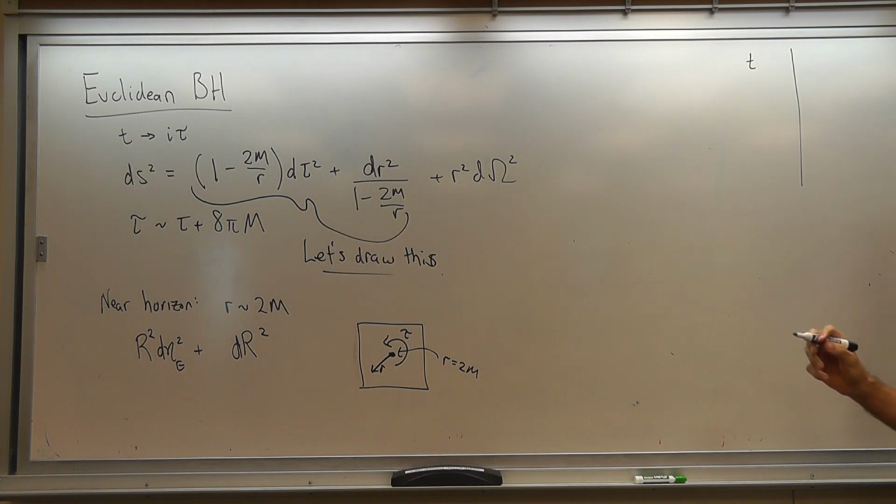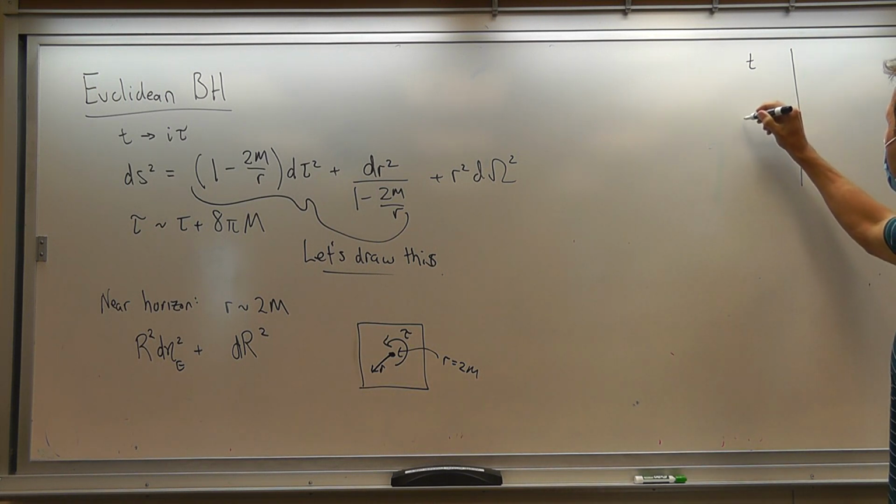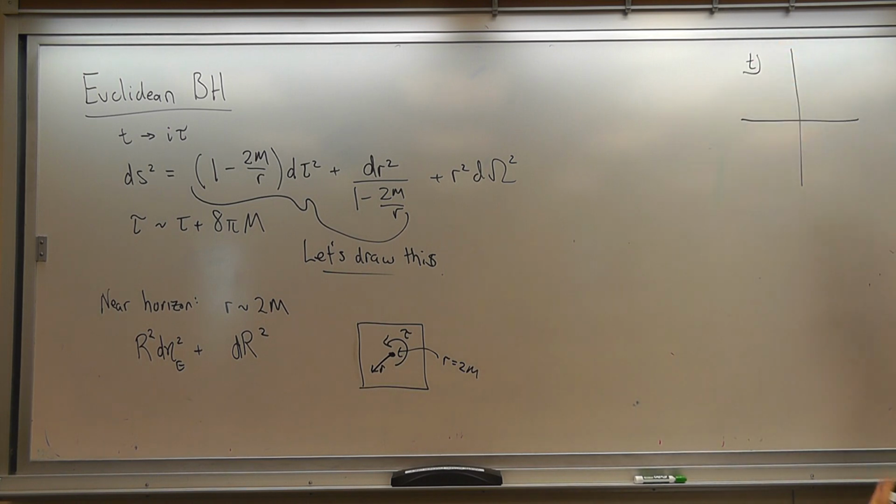When we take t to i tau, what we're really doing is going to the complex plane, and thinking about the other axis. So there's a complexified geometry, which is this whole plane, and it has an extra dimension.